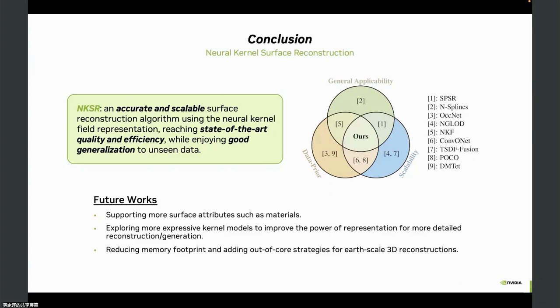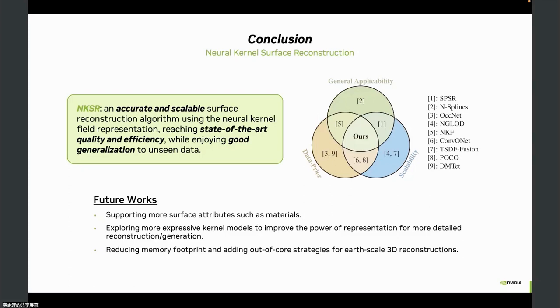We also want to support more surface attributes such as materials. We want to explore more expressive kernel methods. And we also want to improve the speed of the current model even more. We want to do very, very large scale 3D reconstructions. On the research side, this entire framework, like I said before, could be applied to many other tasks.